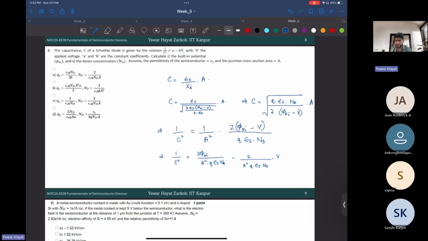So comparing with this equation, what are my a and b? My a is this, and my b is this. So which option is correct? Option B, right? Option B is the correct answer.